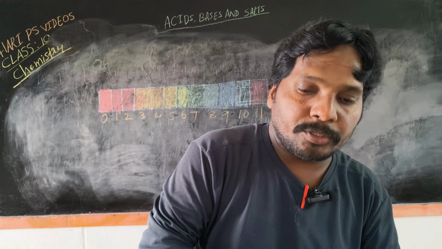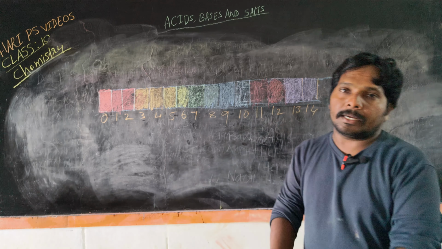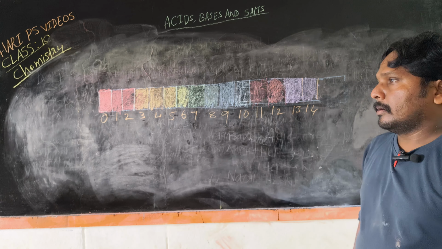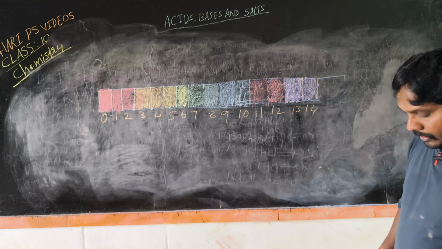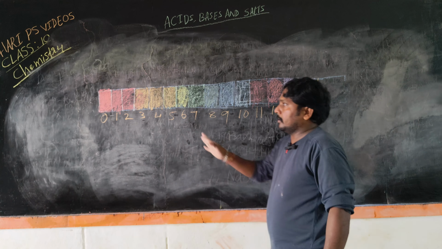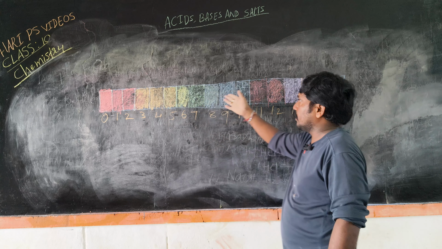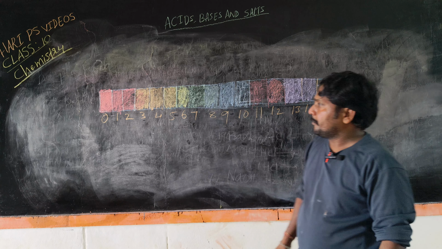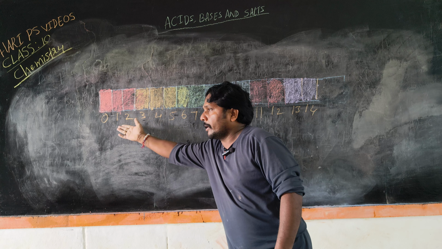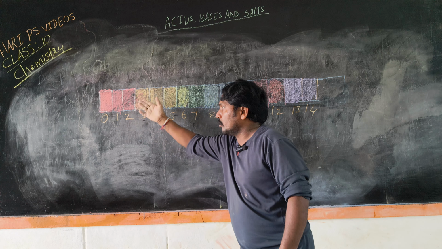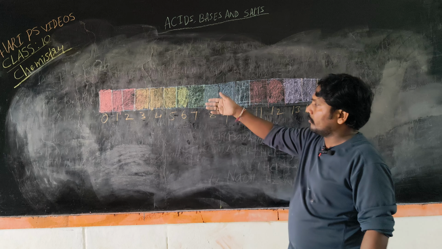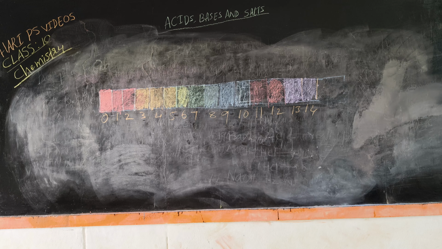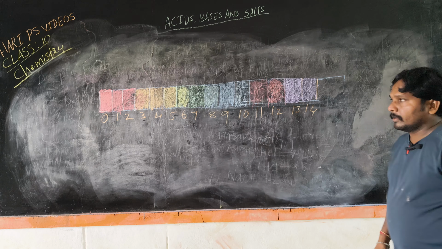Right. Coming to the next topic, before that, let's see, here I drew different colors on the board and I gave numbering 0, 1, 2, 3, 4, 5, 6, 7, 8, 9, 10, 11, 12, 13 and 14.